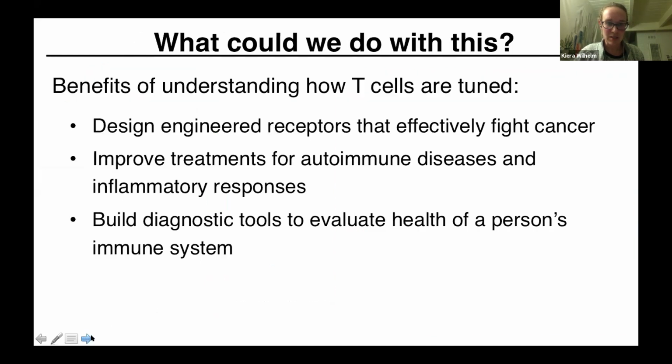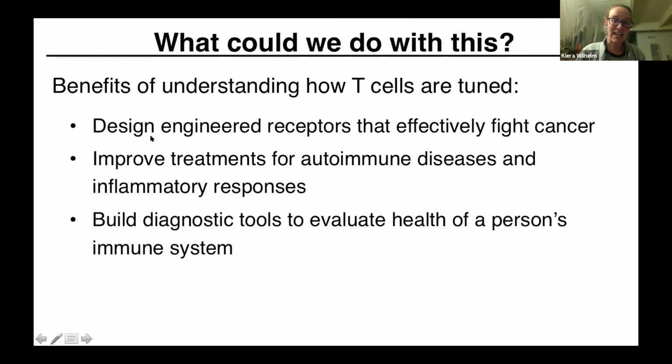And so if we are able to understand a bit more about how T cells are tuned, how they're able to identify self from non-self, and how these receptors actually trigger to communicate information from the outside of the cell to the inside of the cell, we can really improve upon a lot of the medicines, therapeutics and diagnostic tools that we've already developed clinically.